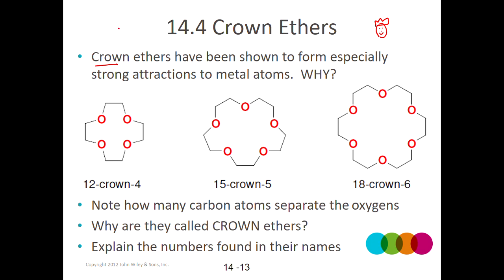A crown ether would just be a situation where their crown had an oxygen at certain intervals. Obviously you're not wearing these molecules on your head. It's just that you imagine a person's head in here and that looks like a crown sitting on their head, right? So crown ethers always have two carbon chains between the two oxygens.